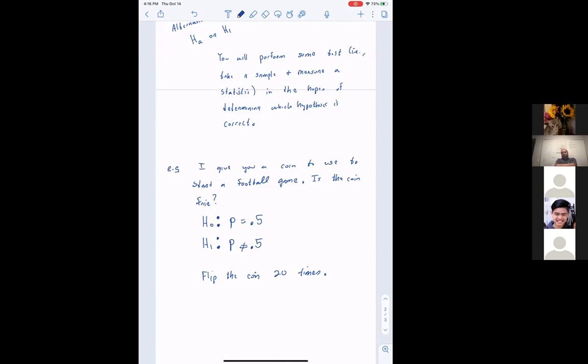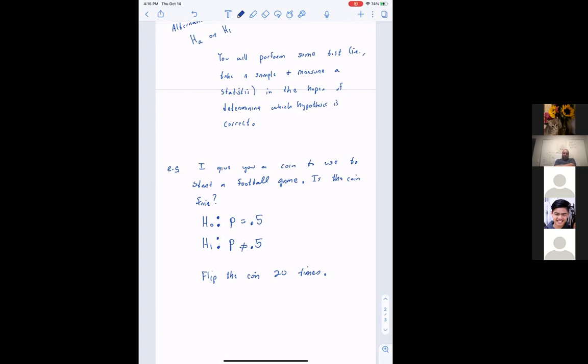Now, if you got 20 heads and no tails, would that support the idea that the null hypothesis is correct or that the alternative is correct? In this case, it would support the fact that the alternative is correct, right? Why?